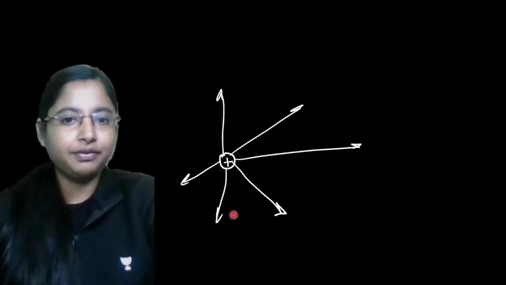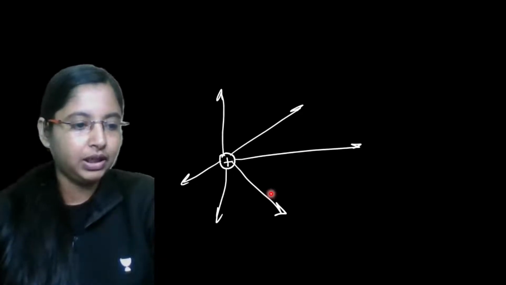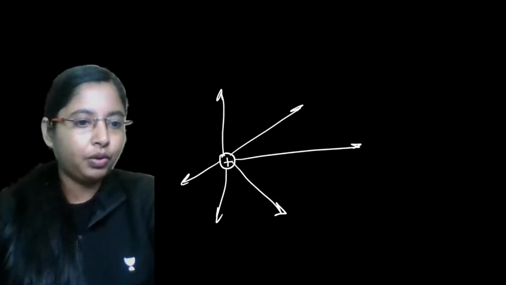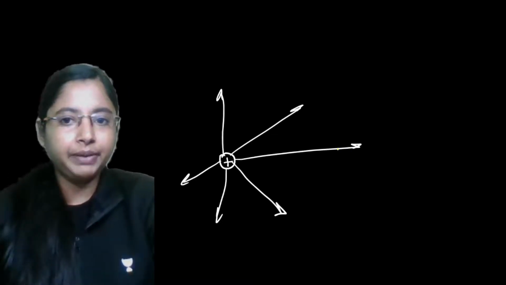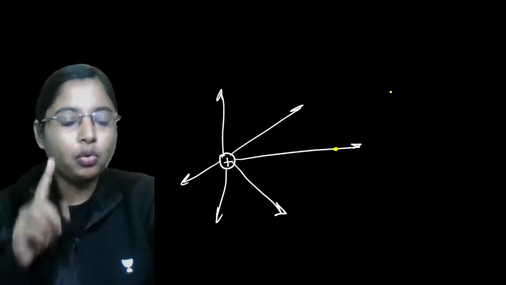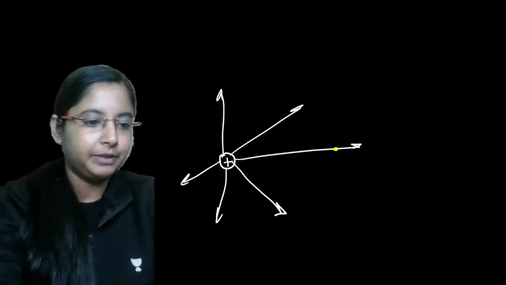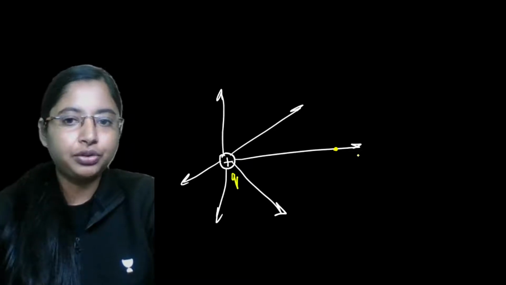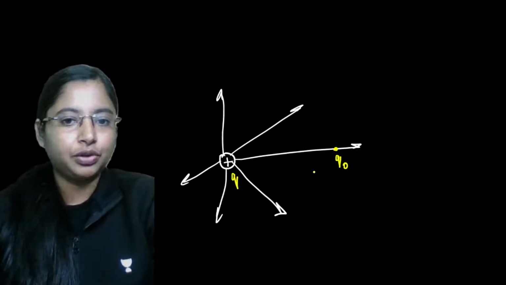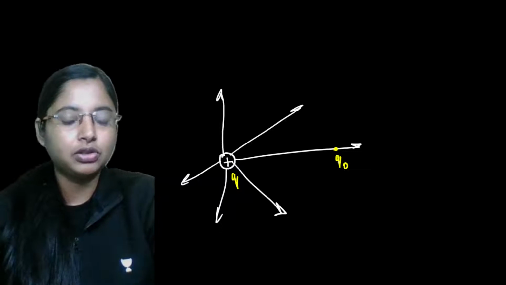To know if there is a field at some point around this charge, we introduce a test charge. Test charges are always positive unless otherwise specified. Let's say this charge is the source charge Q, and the test charge we introduce is Q0. Both are positive charges.